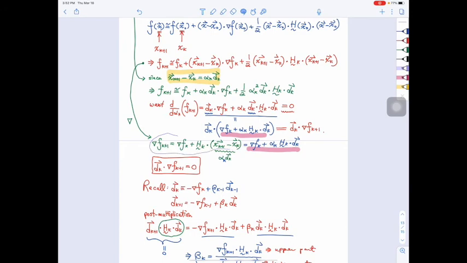So now beta k basically can be rewritten as, and what? Minus dk dot fk. Right?